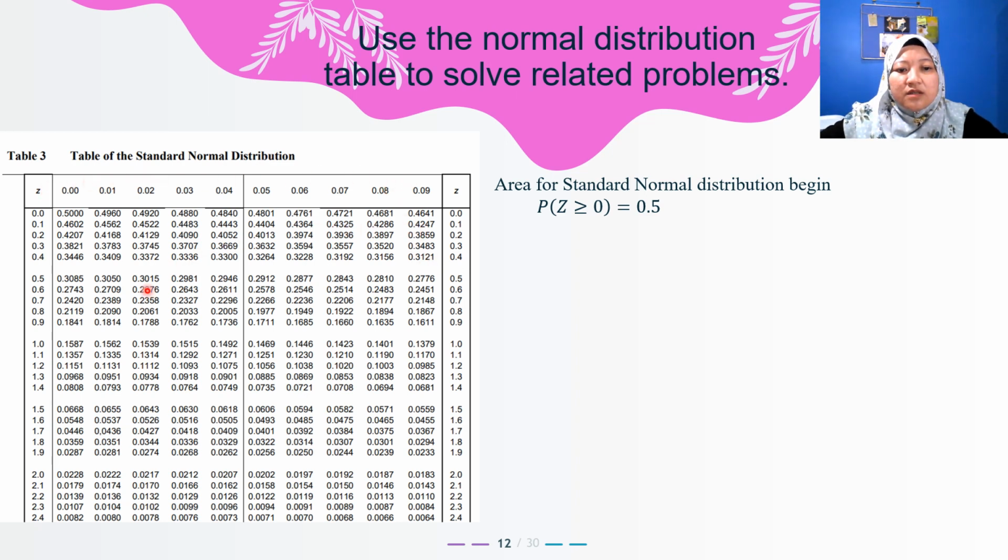And this area is the value of probability or area under the curve below and above 0, and 0 to 0.09. So the area for standard normal distribution beginning with Z greater than or equal to 0 has the value 0.5.